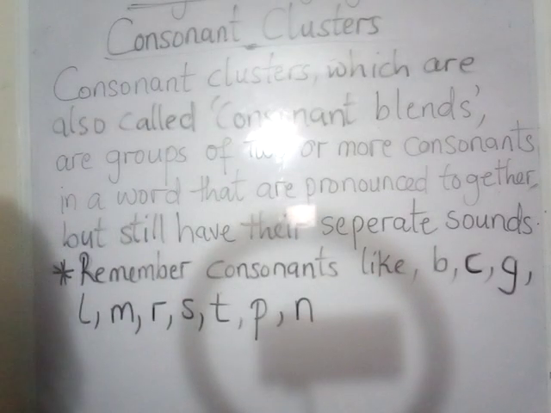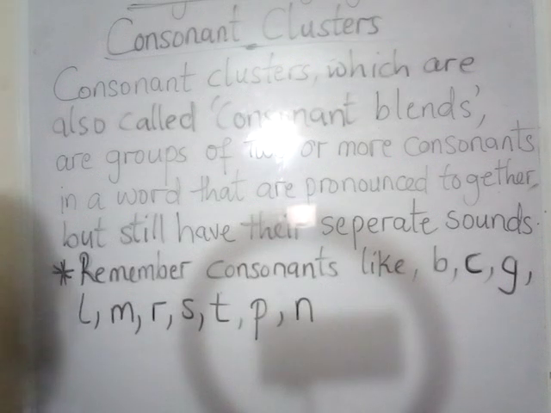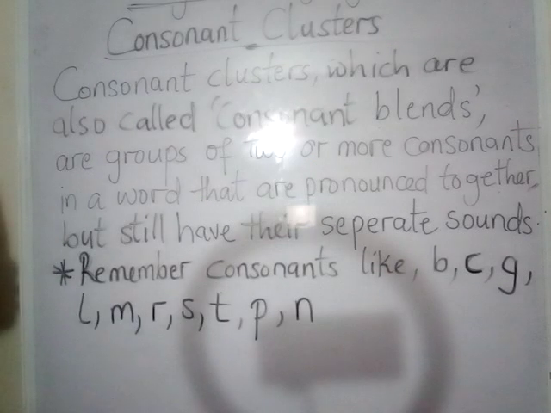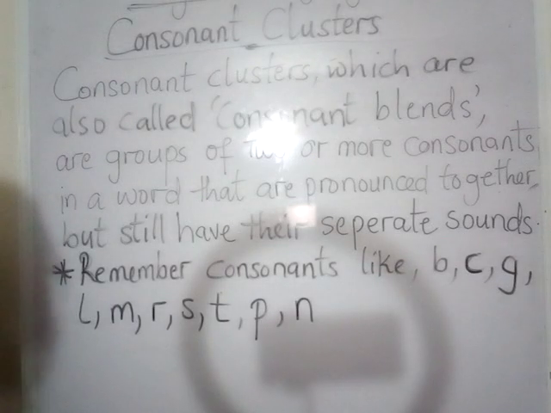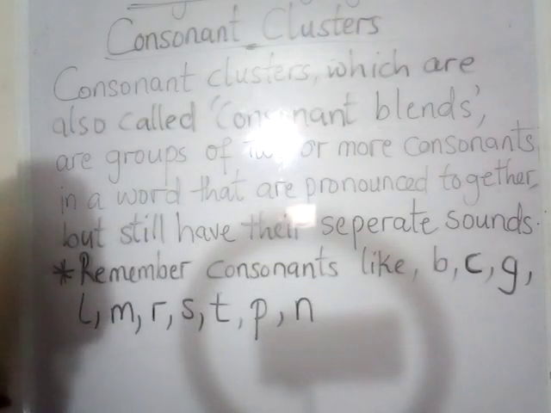So what are consonant clusters? They refer to a group of 2 or more consonants that come together in words, but they still keep their individual or separate sounds. These consonant clusters are also known as consonant blends.